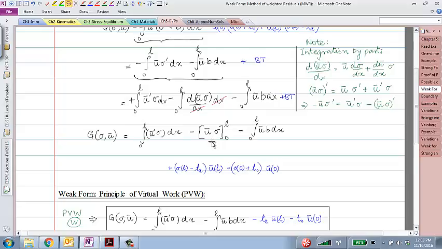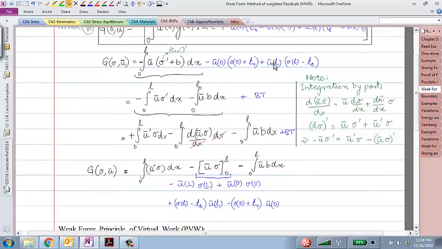For that, we'll write that bracket term as u bar at L, sigma at L, minus, and plus u bar at 0 times sigma at 0. I hope you see that the underlying blue term is nothing but these two terms, and I have retained all of those boundary terms that we had in the original form.